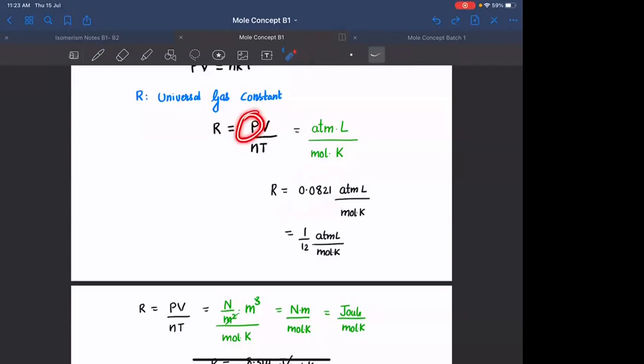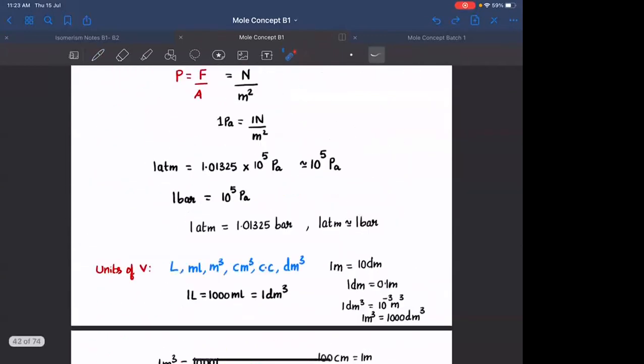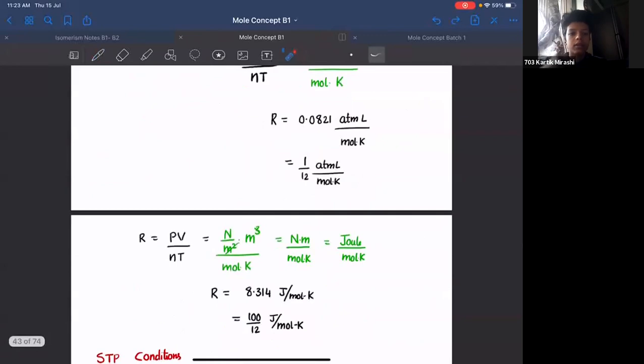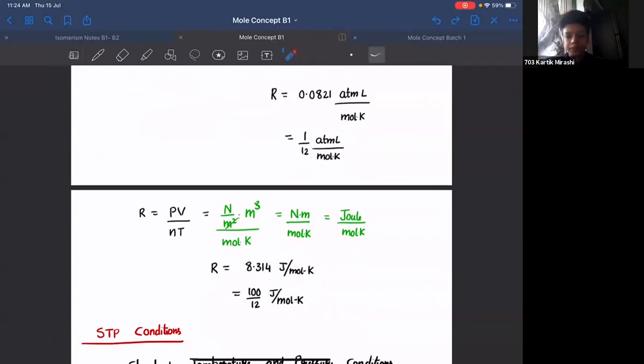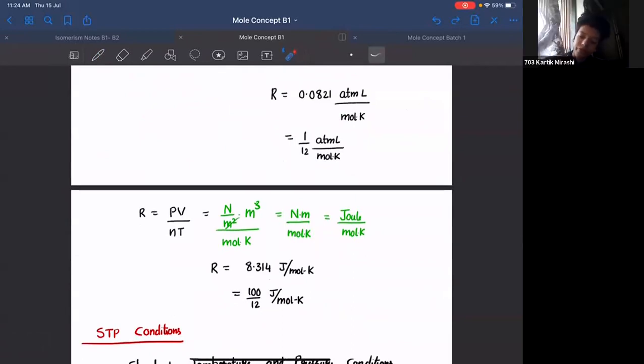If I'm converting that atmosphere into Newton per meter square, because there is a different conversion, na? Atmosphere to Newton per meter square, there is a relation. If I'm converting that, the value of R will change. Based on the units, the R is changing. It is still a constant. Everyone, I hope this is clear.